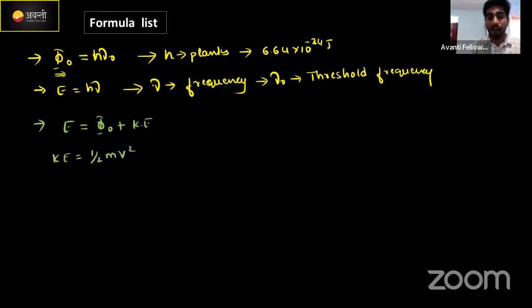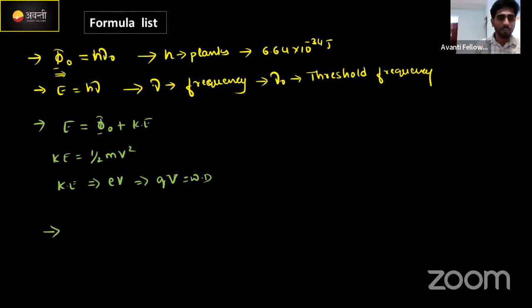Or in terms of electron volt, kinetic energy can be written as e into V, that is, Q into V, charge of the particle into volt. In 1 volt, how much the charge is moving is the work done, and that work done is stored as kinetic energy. This is also one formula.